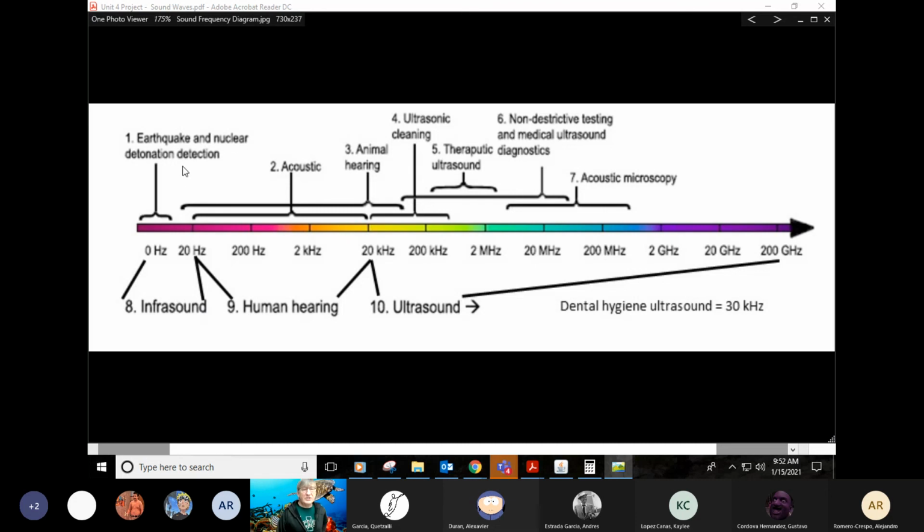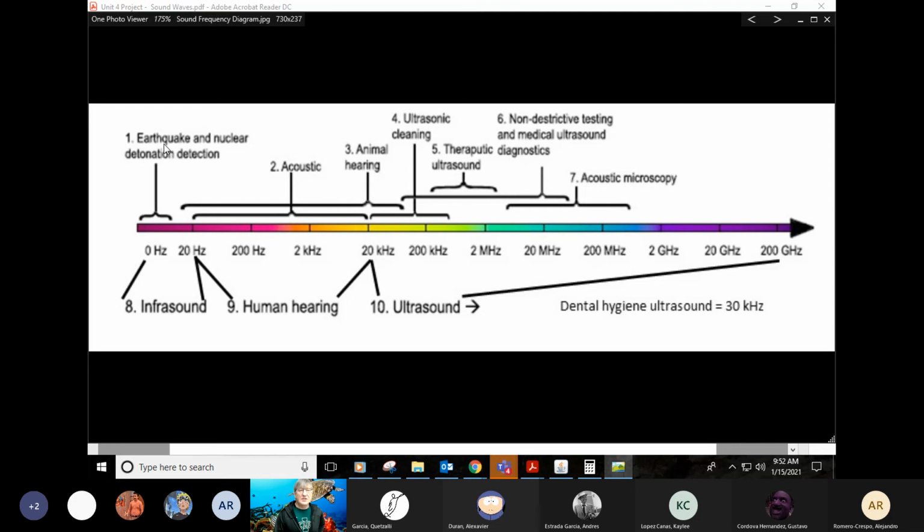Now, there are vibrations that are this low, like earthquakes set up vibrations in the infrasound range, and a seismograph can detect those. The same thing is true for a nuclear bomb. When it explodes, a seismograph can detect that. So we can actually tell if people are doing atomic bomb tests by using our seismograms that normally just measure earthquakes.